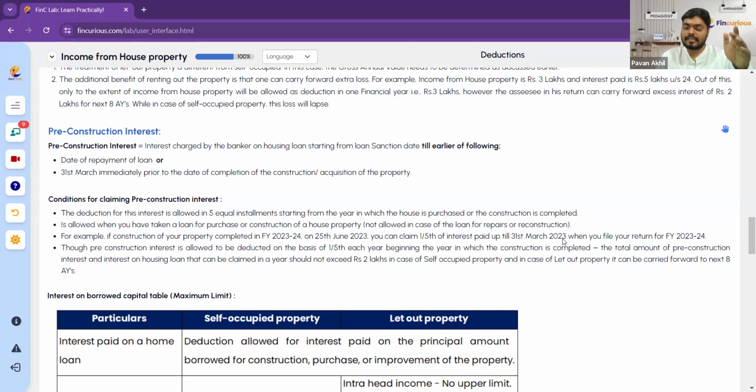If till 31st March 2023 I have paid 5 lakhs of interest, I cannot claim 5 lakhs in that year. I can claim only 5 lakhs divided by 5, that is 1 lakh in that particular year. Next year again 1 lakh, after that year again 1 lakh. In 5 equal installments, this pre-construction interest you can deduct from the income from house property.